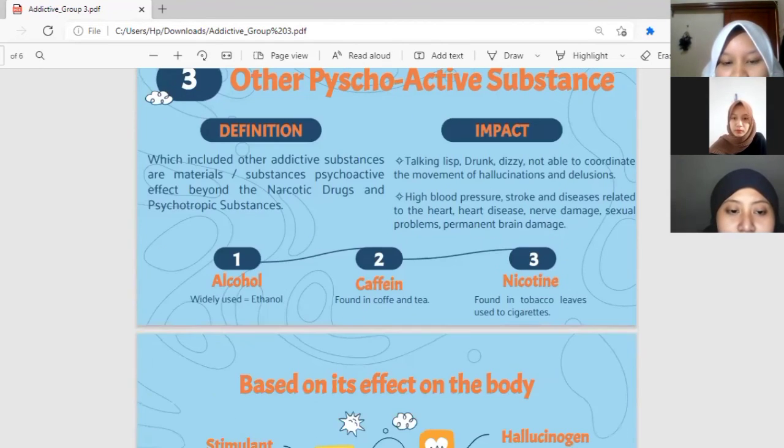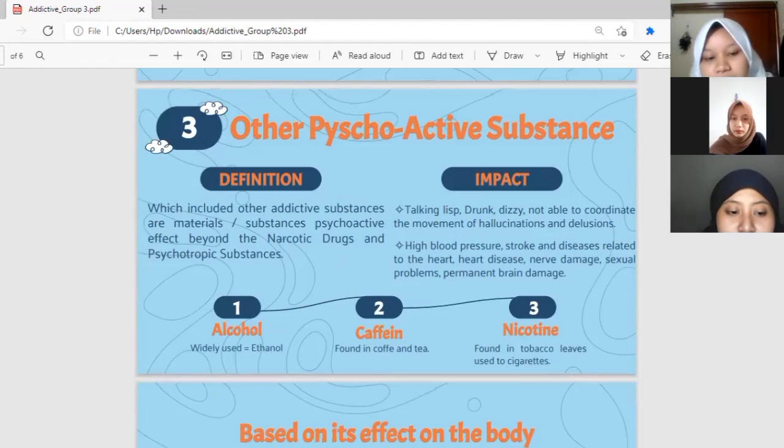And for the example, there is alcohol, because when we consume alcohol, the alcohol content in our blood will increase so that it can cause drunkenness. So we will get drunk and lose consciousness. And the second is caffeine.